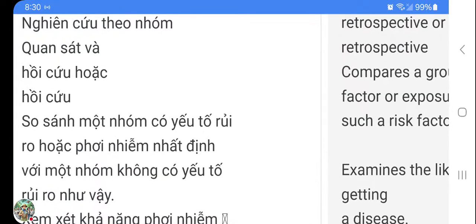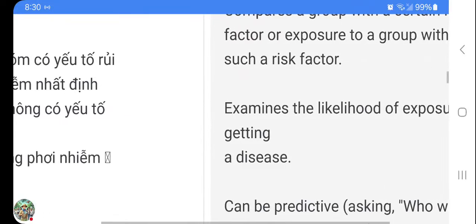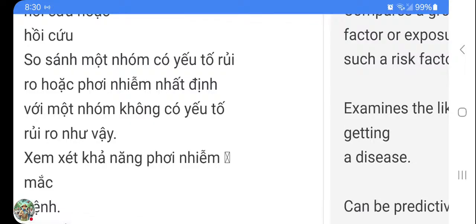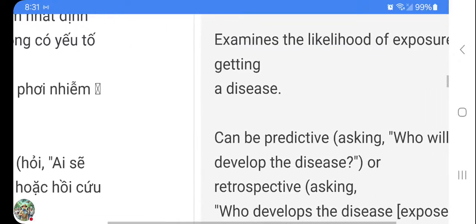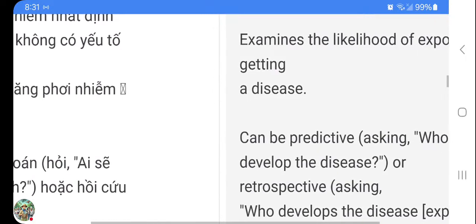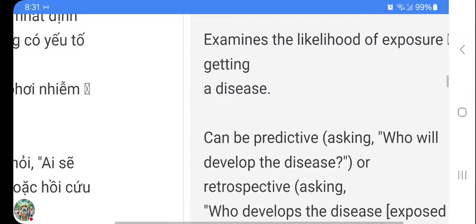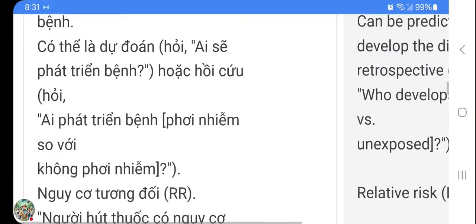Then we examine the likelihood of exposures and getting a disease. We can be predictive, asking who will develop a disease in the future, or retrospective, asking who developed the disease, which is something in the past.